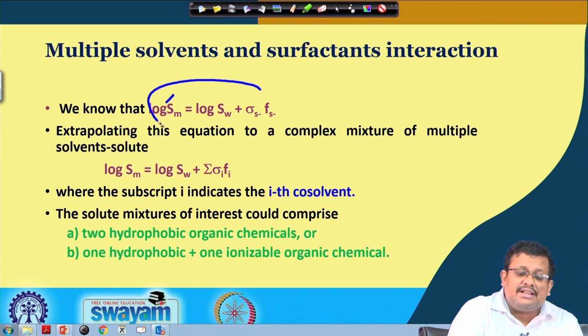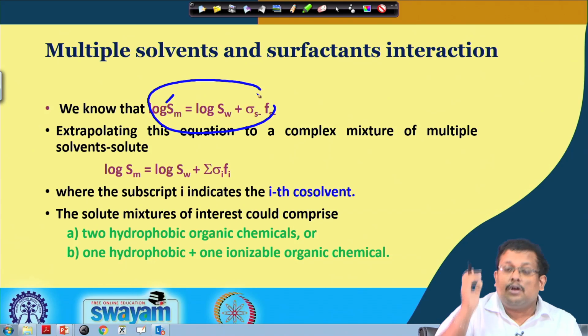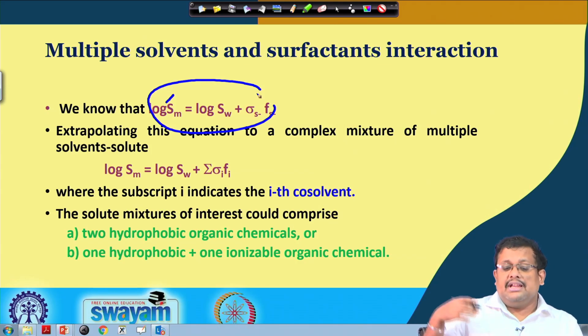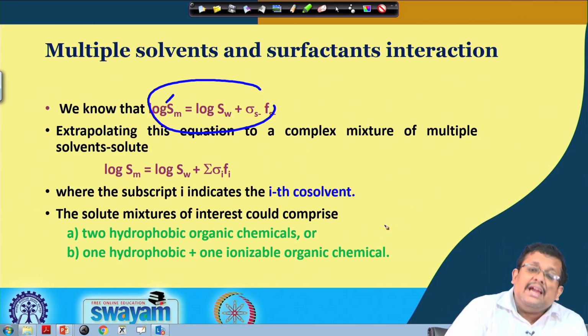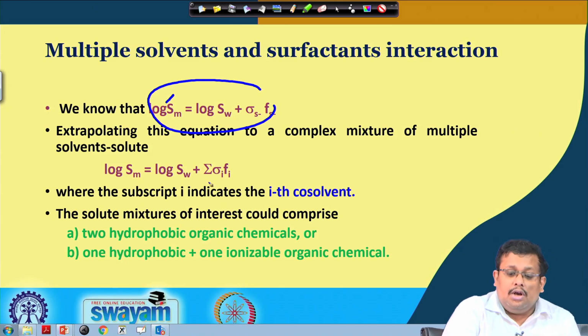Now, if we extrapolate this equation to a complex mixture of multiple solvents and solutes, then we will get this relationship: log Sm equals log Sw plus the summation of sigma i Fi, where the subscript i indicates the ith co-solvent.